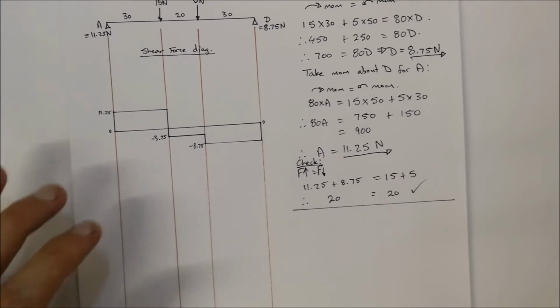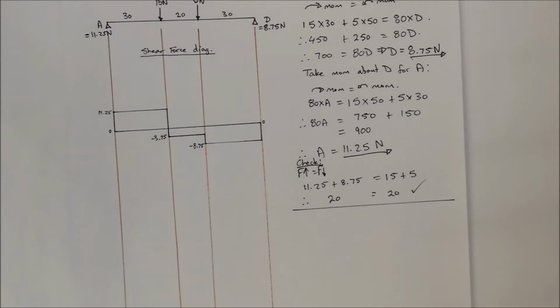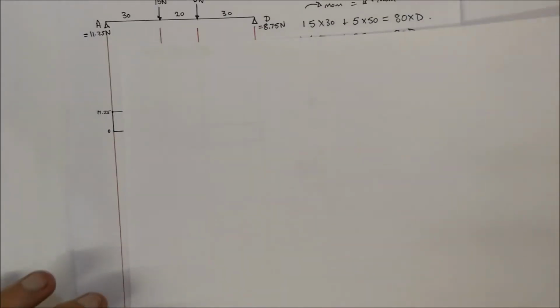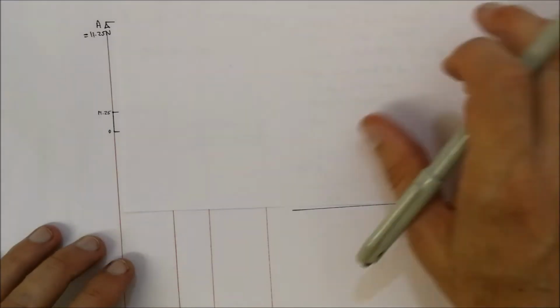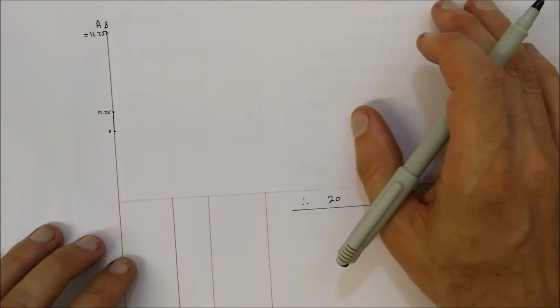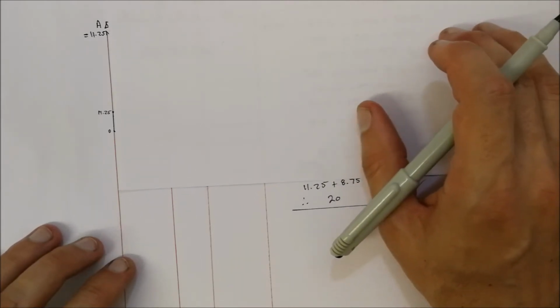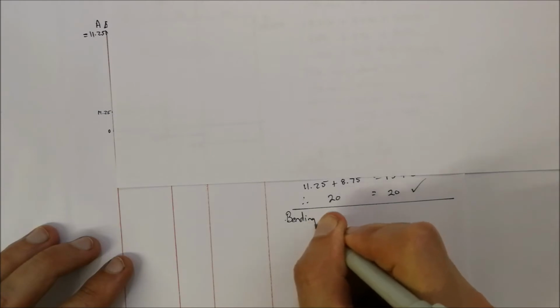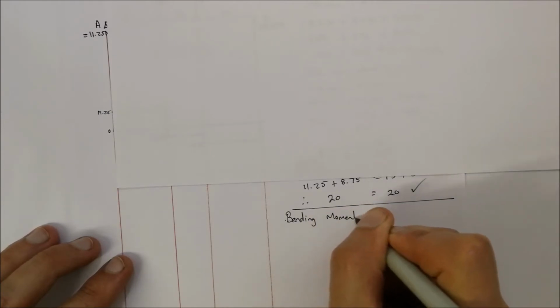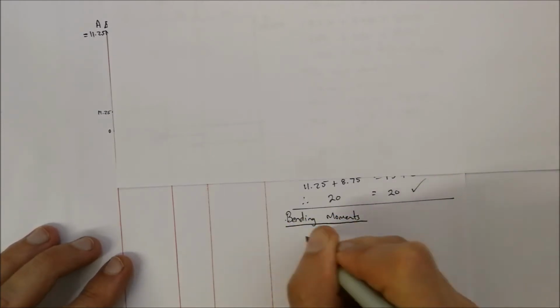Okay, so to do this, you need to actually take a sheet of paper and place it over your diagram and look at everything that is to the left of that piece of paper. Okay, so for example, I'm going to be looking at the bending moments. Okay, so this is now bending moments. Okay, so the bending moments for A.